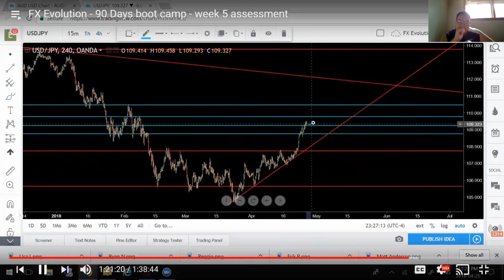Probably enter right here, or to go up to here for the next resistance. That's on the 4 hour, so to the next level.